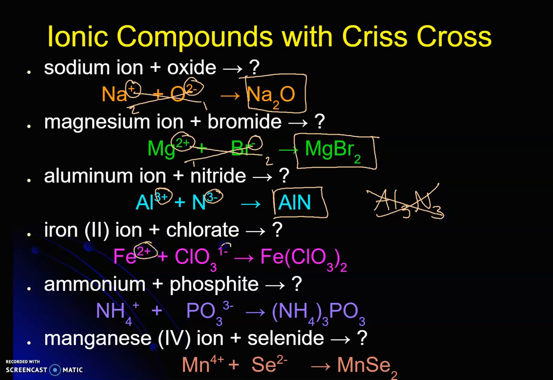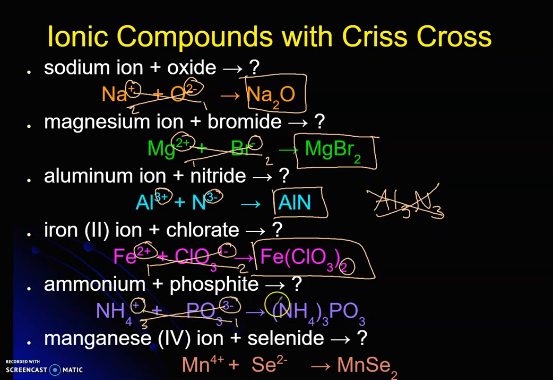Fe2 plus, ClO3 1 minus. I need 1 of these and 2 of those, so that's FeClO3 taken twice as my answer. Ammonium phosphite, NH4 plus, PO3 3 minus, this 3, this 1. I get NH4 taken 3 times PO3.